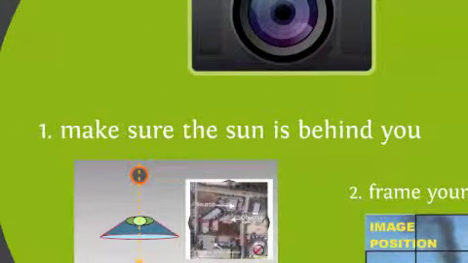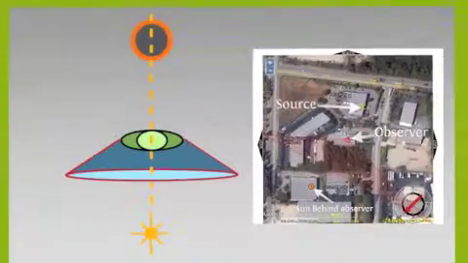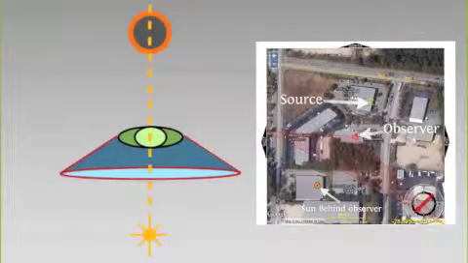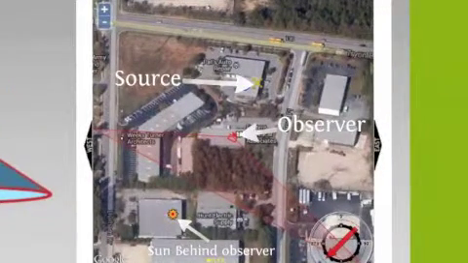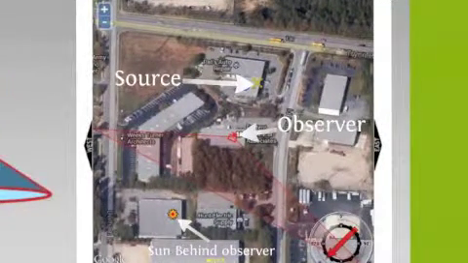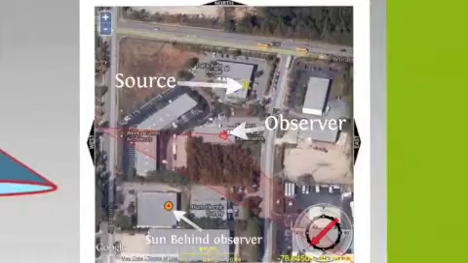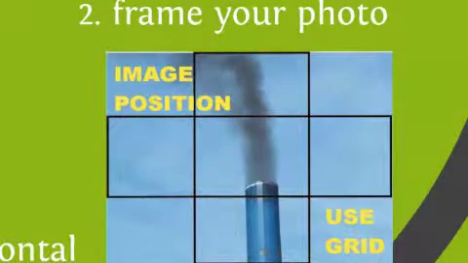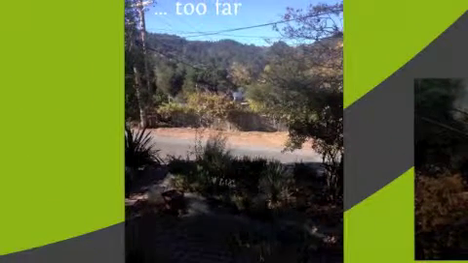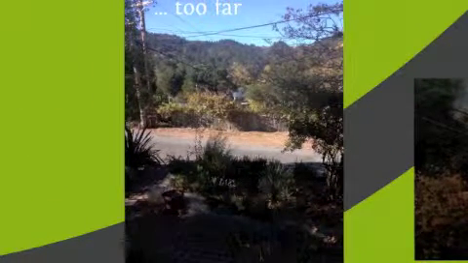Make sure to keep the sun located behind you as you take your photo. This can impact opacity percentage. Try to keep a tight frame on your emission source. When using zoom, make sure the quality of the image is not compromised when zoom is employed.